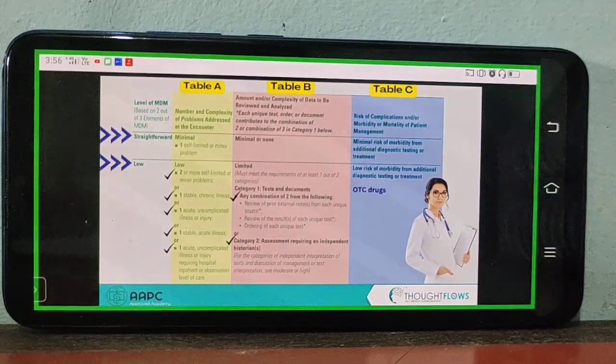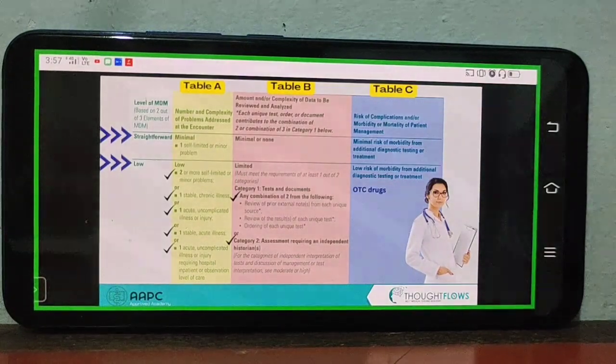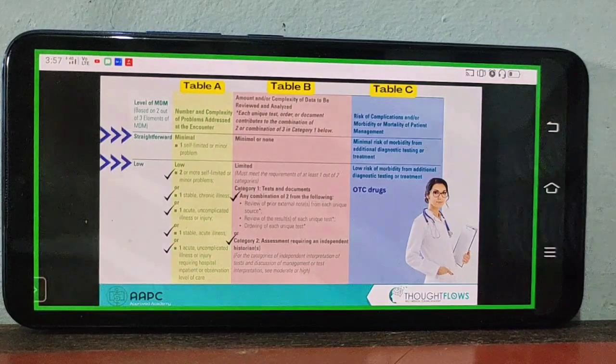As a default, diabetes mellitus and hypertension are considered chronic conditions unless the provider explicitly denotes the duration. If the provider denotes the duration of hypertension, then based on that you can consider it acute or chronic.